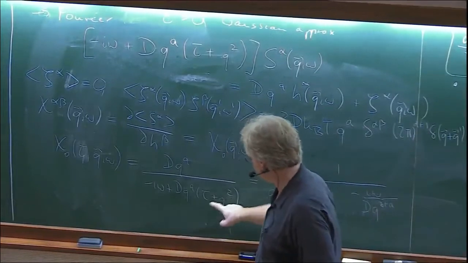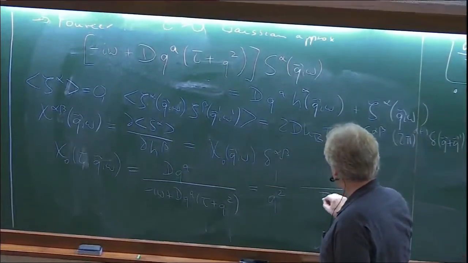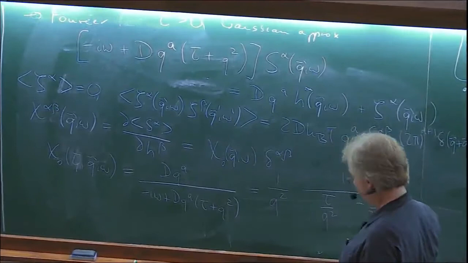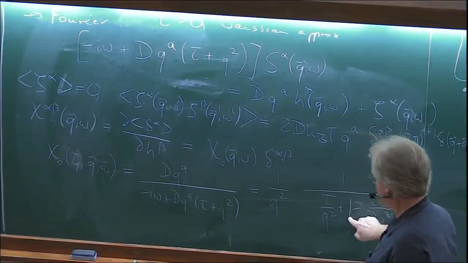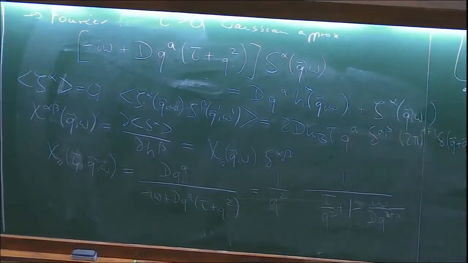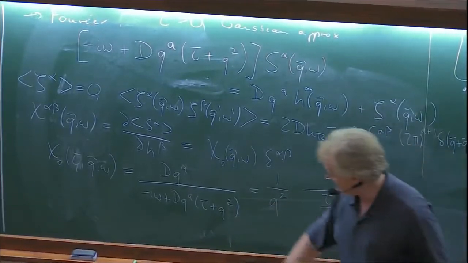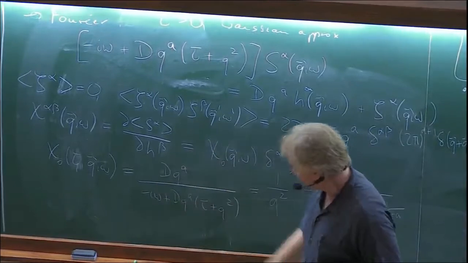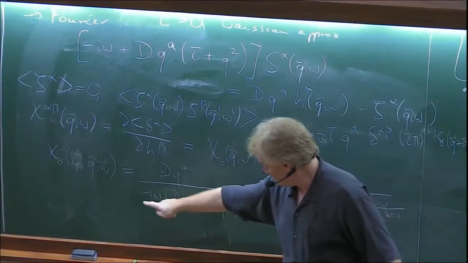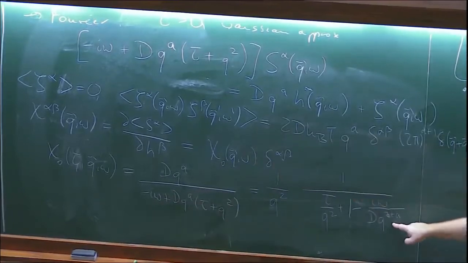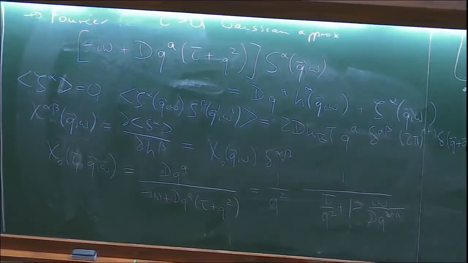Down here, pulled out a factor of q squared, so here I just have tau over q squared, and there is a 1. That 1 used to be that q squared. So again, I'm dividing out this one, and pull out a factor of q squared. So tau over q squared plus 1 minus I omega divided by dq to the 2 plus a.